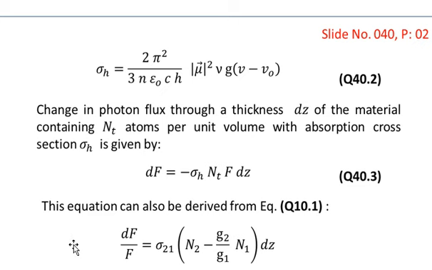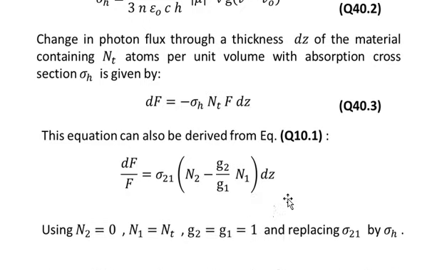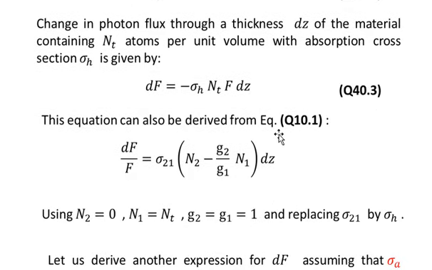When a beam of flux capital F passes through a material of thickness dz containing NT atoms per unit volume, multiplying by sigma h gives the change in photon flux. So dF is equal to minus sigma h into NT into capital F into dz, as given in equation 40.3.